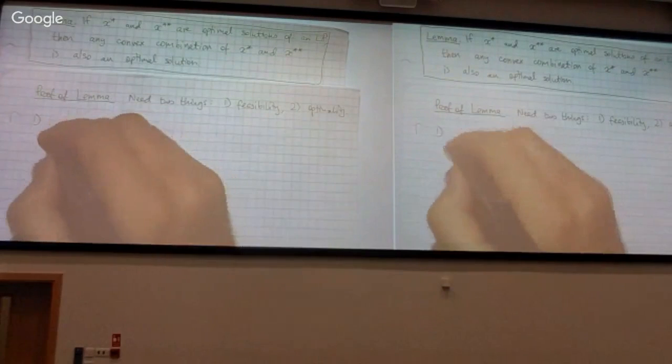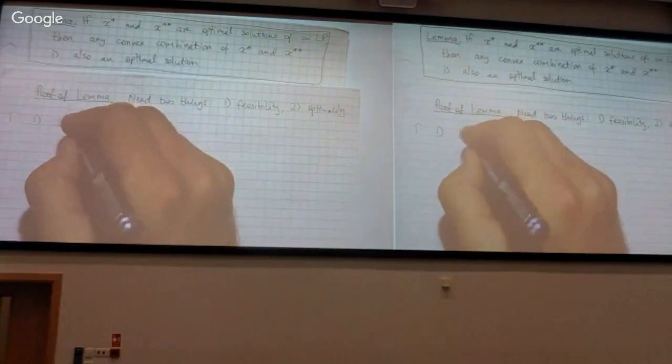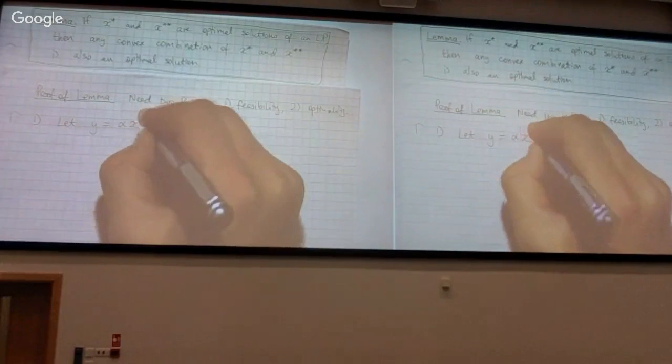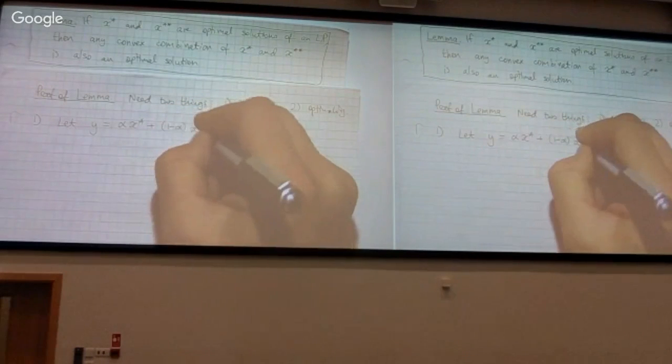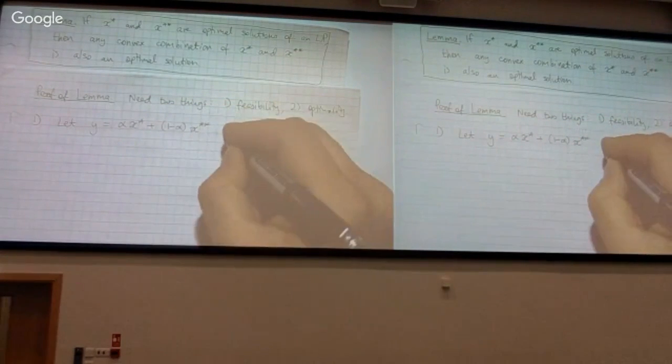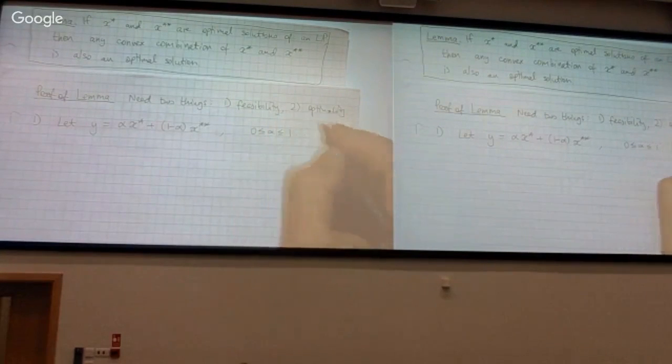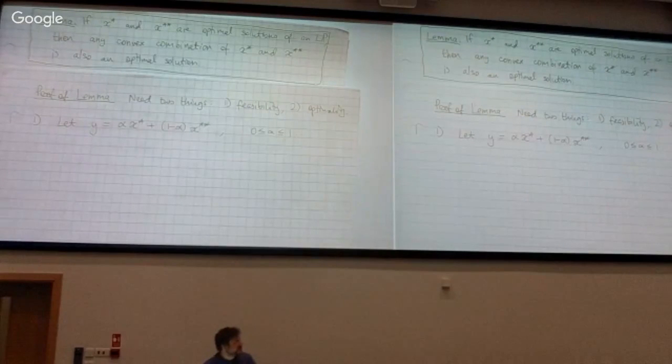So I'll call this convex combination y, to have a name, and it's going to be alpha times x star plus 1 minus alpha times x double star, where alpha is a real number between 0 and 1. So this is the definition of a convex combination. We're trying to prove that y satisfies all the constraints of the linear program. Now, what is a constraint of a linear program?